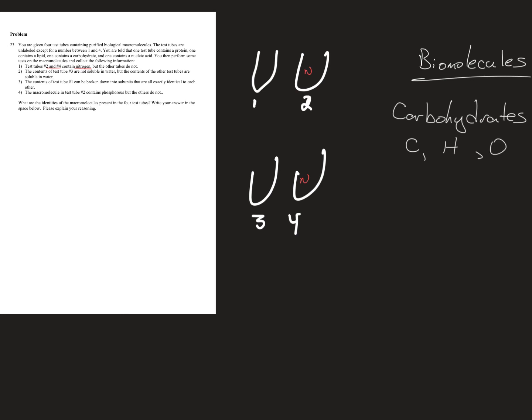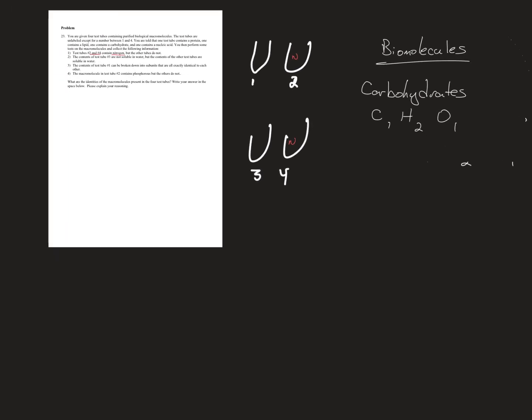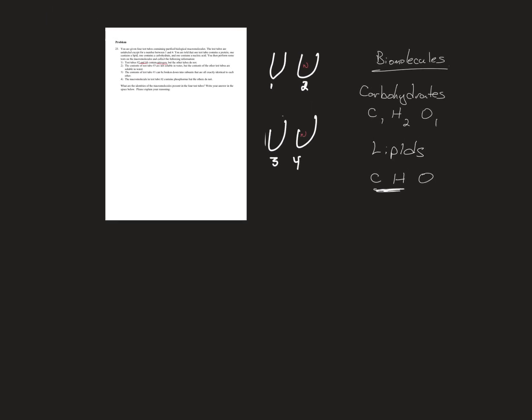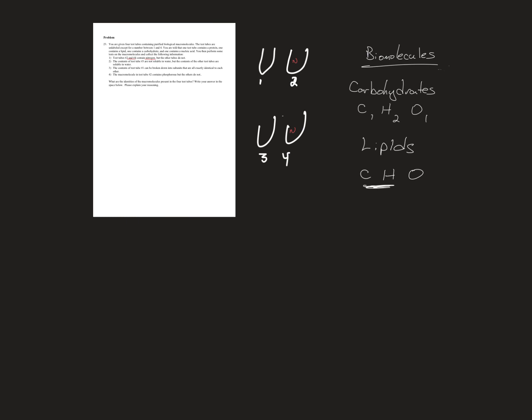In fact, we talked about, I want to say 7 times, a 1 to 2 to 1 ratio. Lipids also have carbon, hydrogen, and oxygen, but they're mostly carbon and hydrogen with a small amount of oxygen.